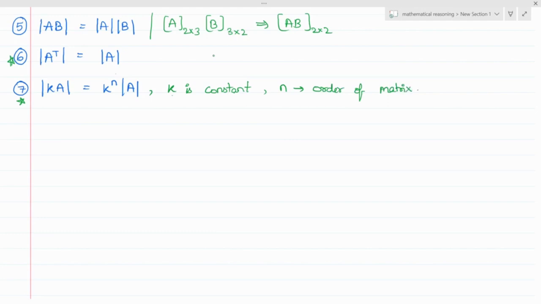So to prove this, first suppose matrix A is A11, A12, A13, A21, A22, A23, A31, A32 and A33. If this is a matrix and now you multiply a constant, first suppose 2, to this, so you are multiplying a constant to the whole matrix.